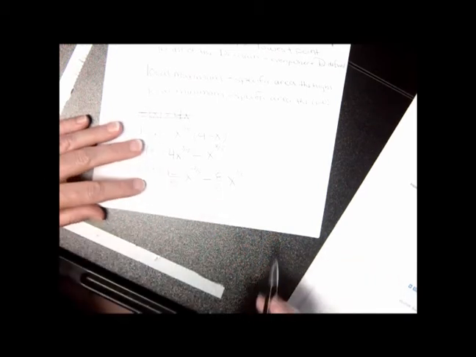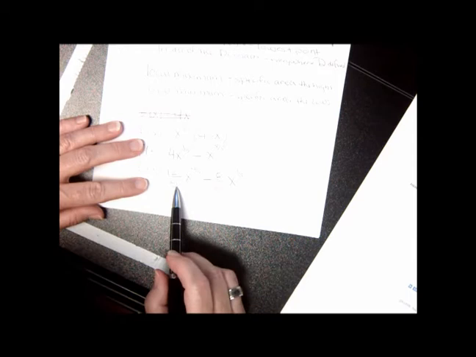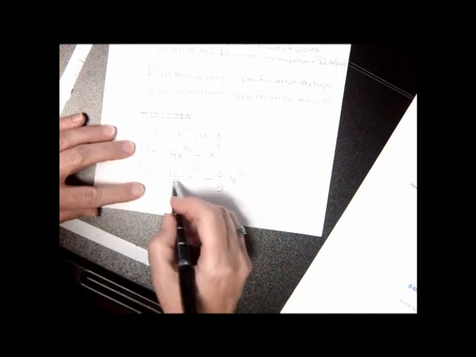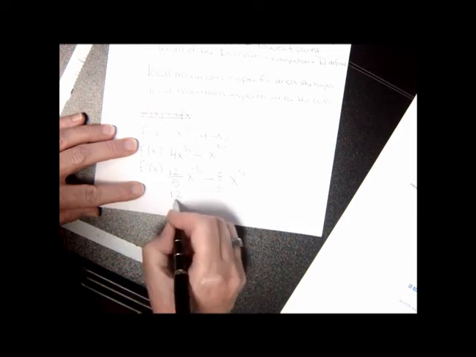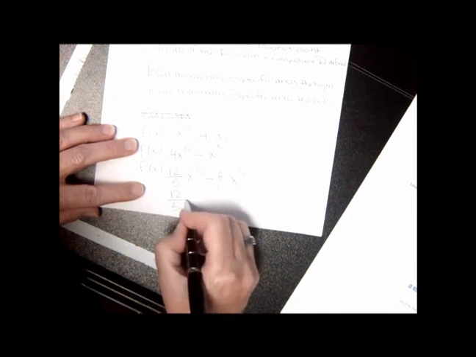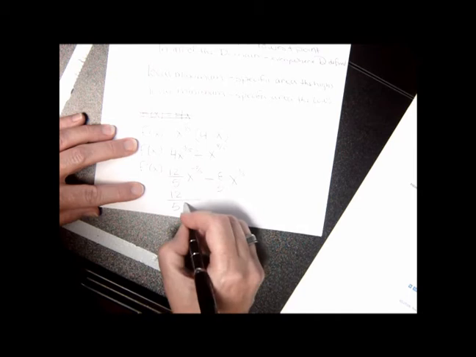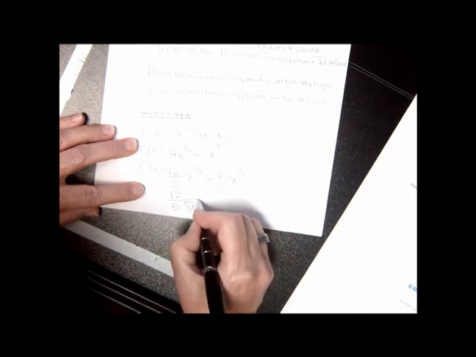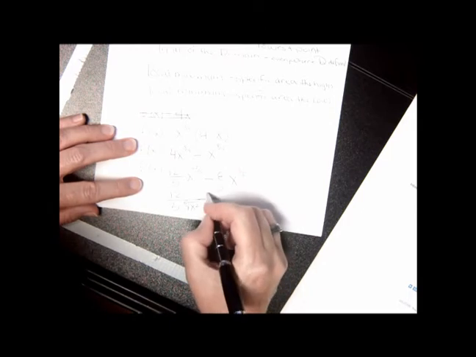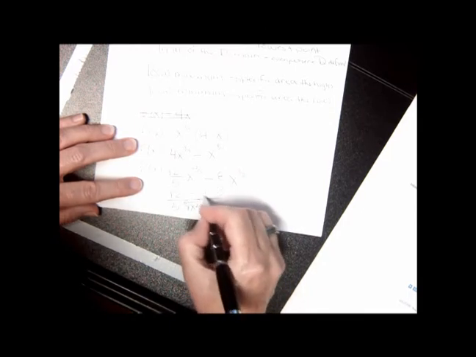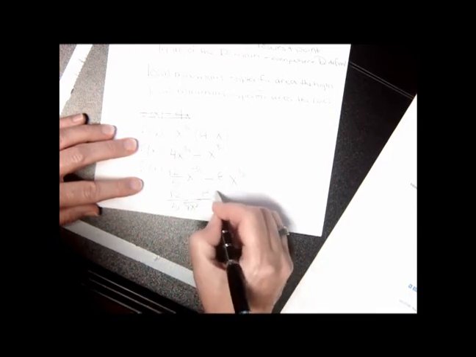So now I need to clean this up a bit. Luckily I have a common denominator here, so that's nice. Let's say we have 12 over 5, and on the bottom of this fraction, we have the 5th root of x squared. Then over here, I have minus 8 x to the 3/5.